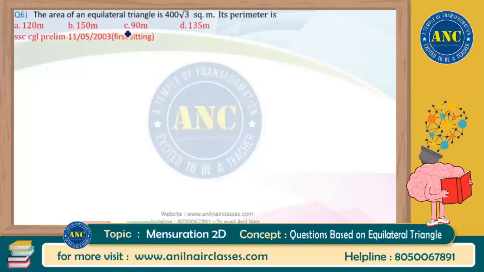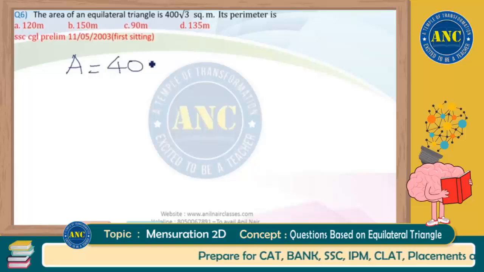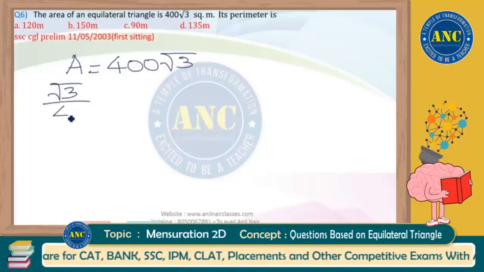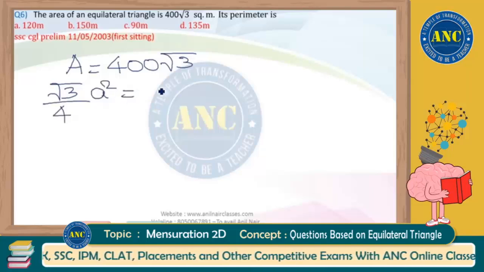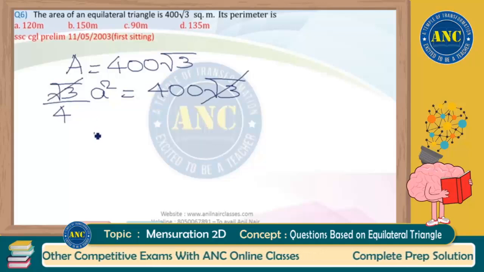See the next question. Tell me the answer. Area was given earlier and side was asked. Now instead of side they are asking perimeter. You should find the side and add it 3 times. Simple. The area of an equilateral triangle is given as 400 root 3. In general, the area is root 3 by 4 a square, so root 3 cancels.